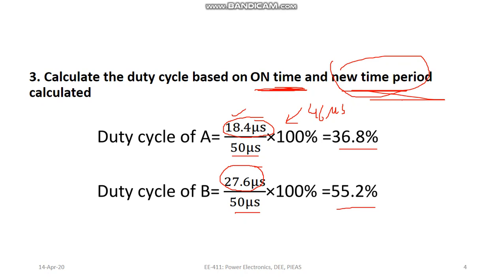So the 40% duty cycle has now been shifted to this value 36.8, and the waveform which was supposed to be at 60% has now been reduced to this new value 55.2%.